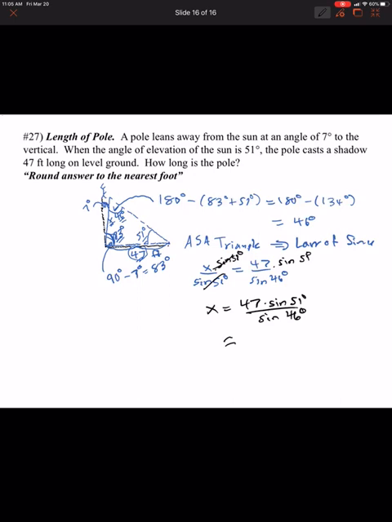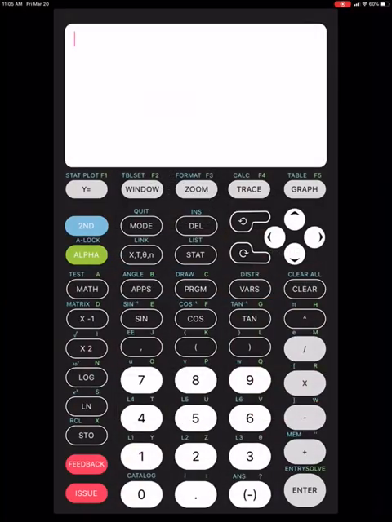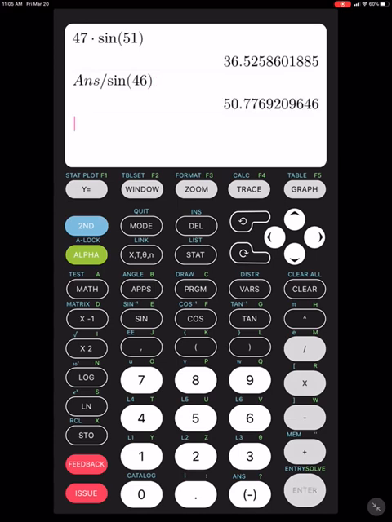Let's get our TI calculator out and type it in together. I have 47 times the sine of 51, divided by the sine of 46 degrees.